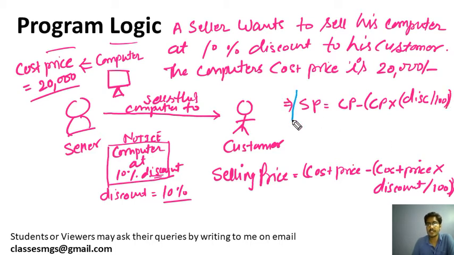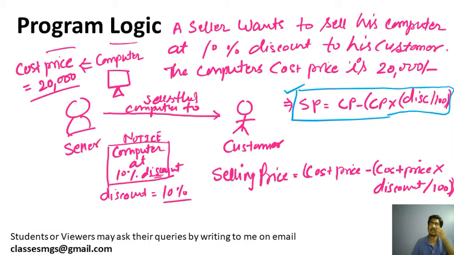Now you can see this formula, which is basically for calculating the selling price. This is the basic concept of how the selling price can be calculated for a given cost price and discount. Now we will see the program implementation logic.